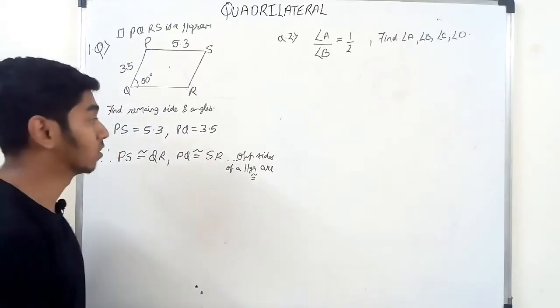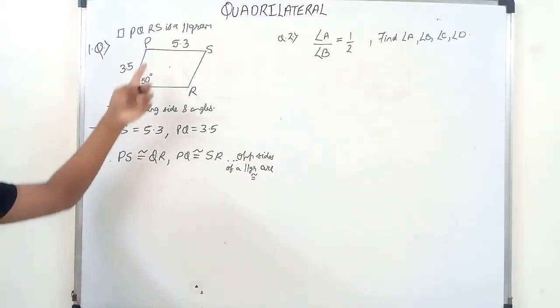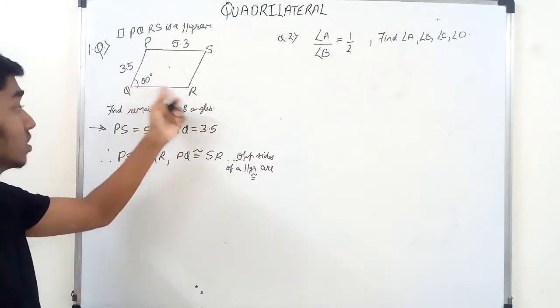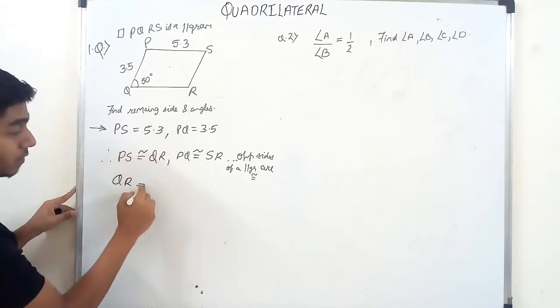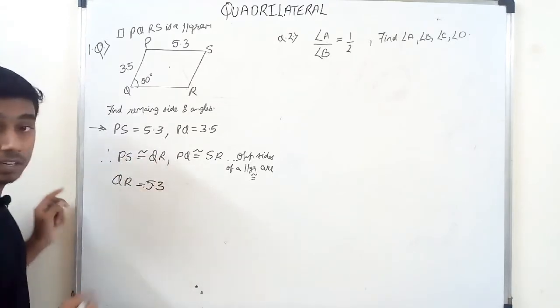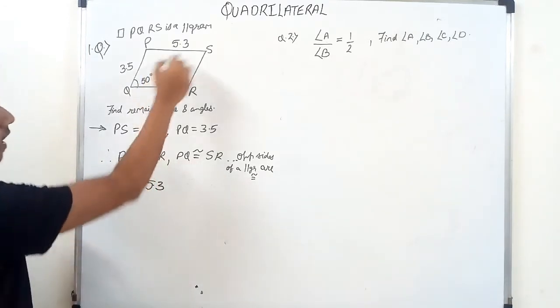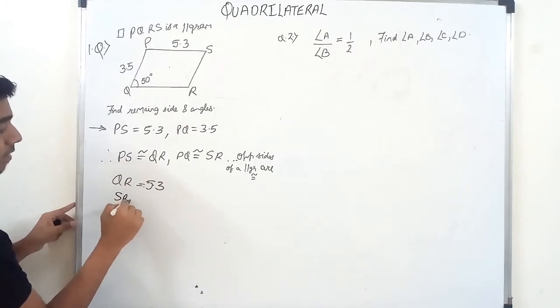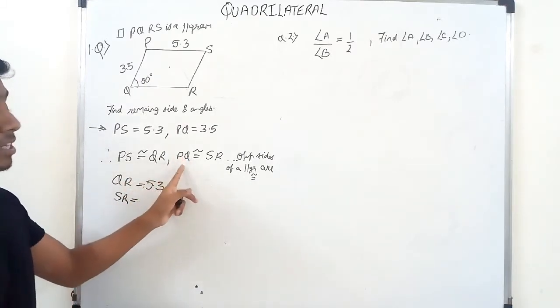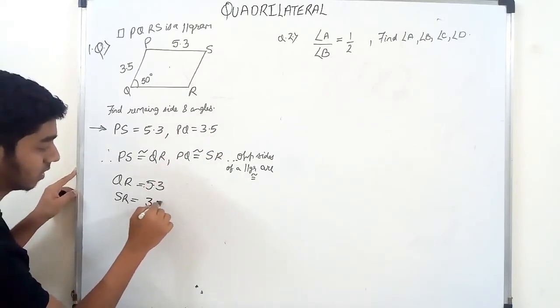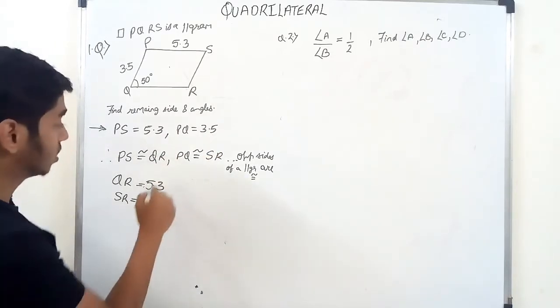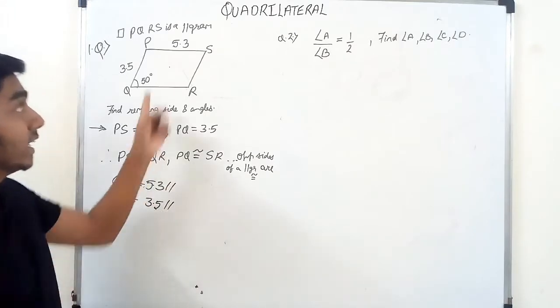Then can we find QR? What is QR from here? It's equal to PS. PS is 5.3, so this will also be 5.3. Then what about SR? SR is same as PQ and PQ is 3.5. Therefore, this will be 3.5. Yes or no? So we have found the remaining two sides.